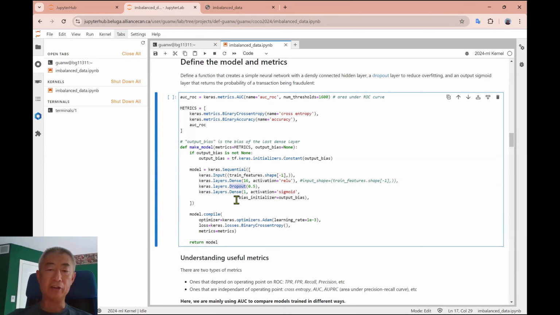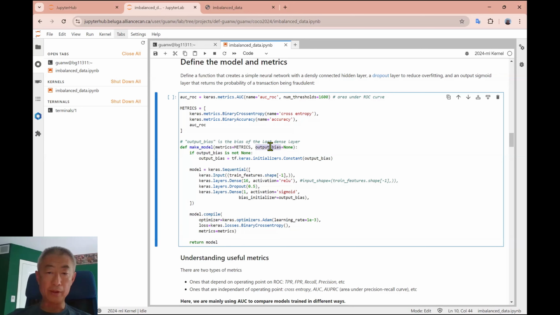In between, I have a dropout. Dropout is a kind of regularization layer that is used to overcome the overfitting problem. So basically, it's just 2 dense layers. That's all. But we have an option to pass in a bias.